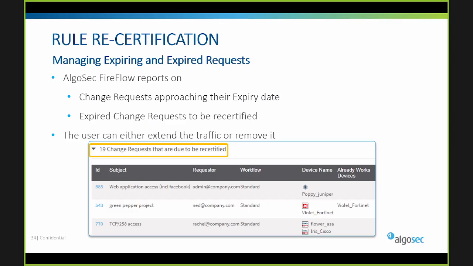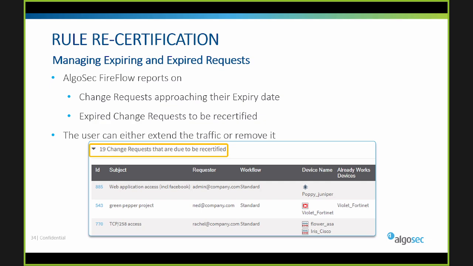The other was, I found this with a couple of clients. There was actually a big computer company in Germany, and every change request that they created, they put an expiry 1 year in the future, and it forced them to review all their change requests once a year to see if that traffic was still needed or not.